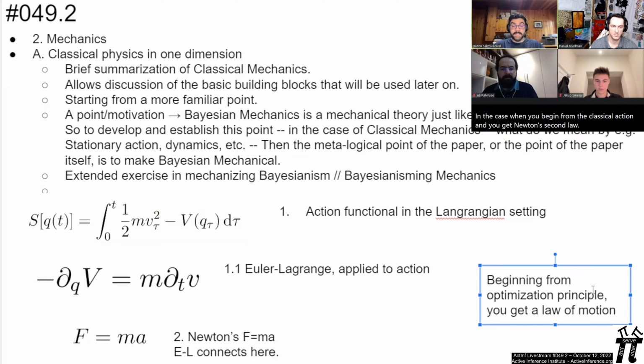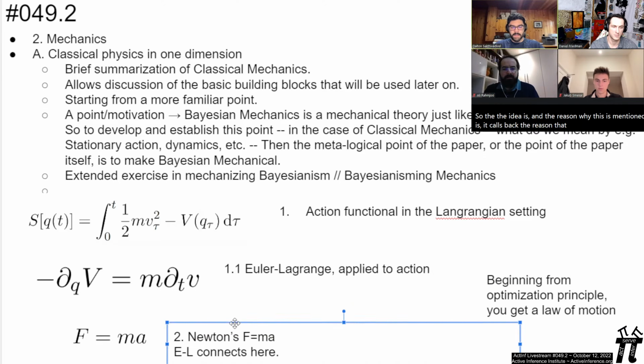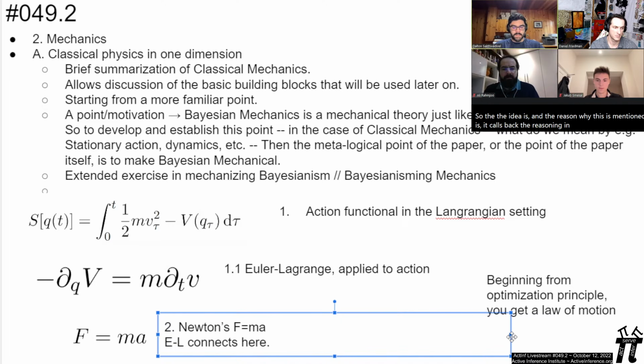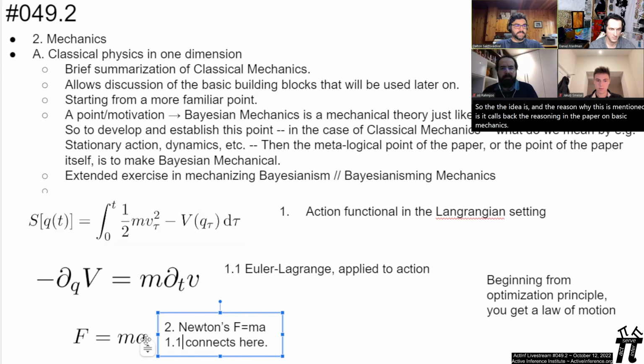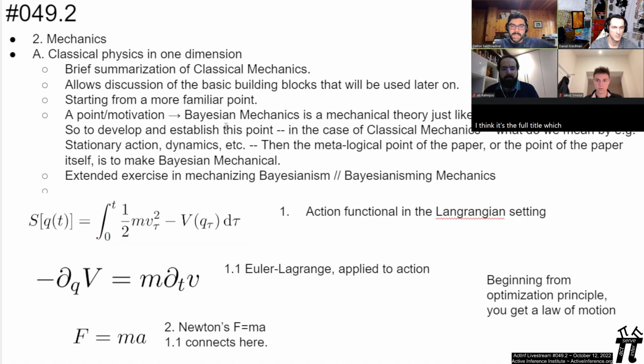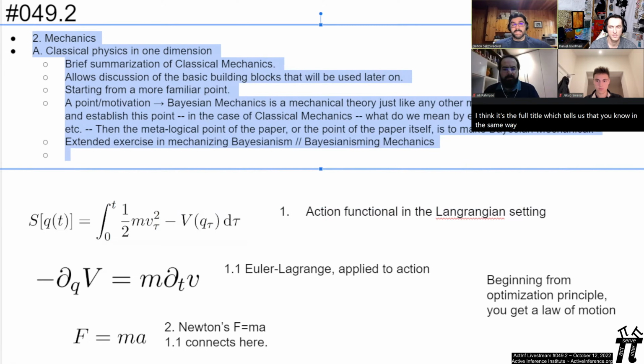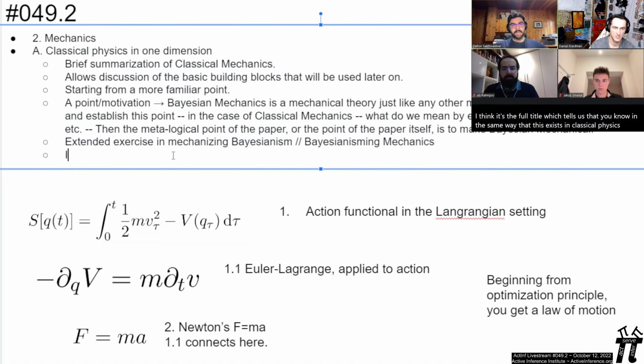The reason why this is mentioned is that it calls back the reasoning in the paper on Bayesian mechanics, A Physics of and by Beliefs, I think is the full title, which tells us that, in the same way that this exists in classical physics, Bayesian mechanics has its own analogy to this.